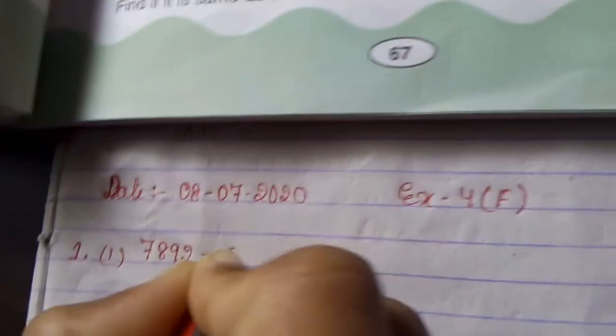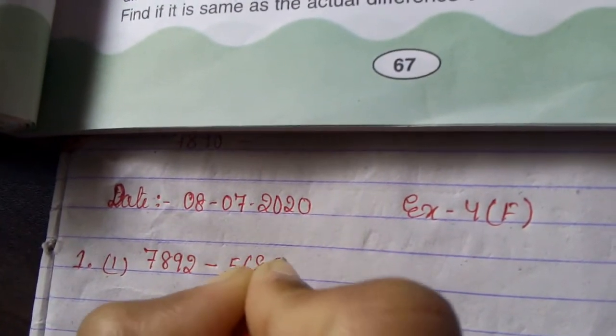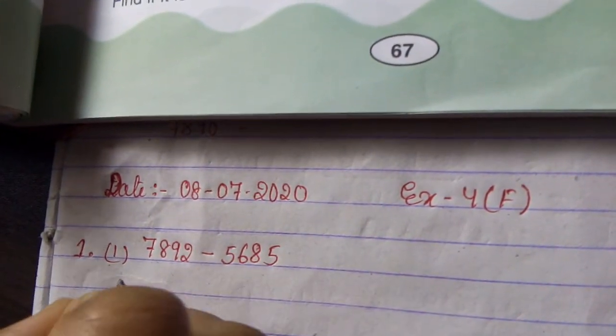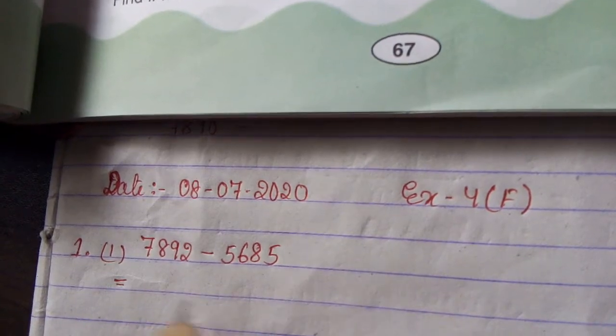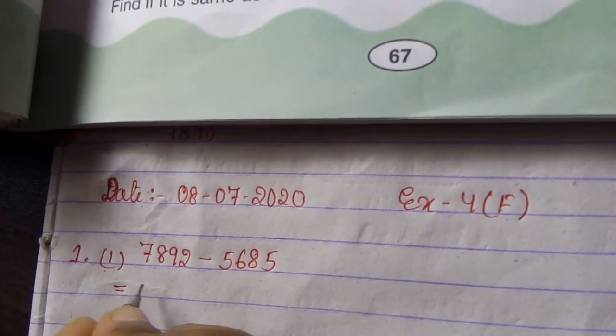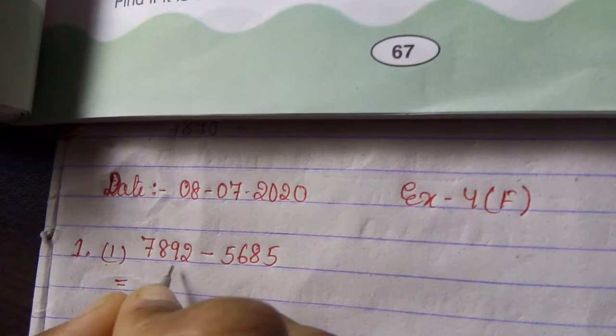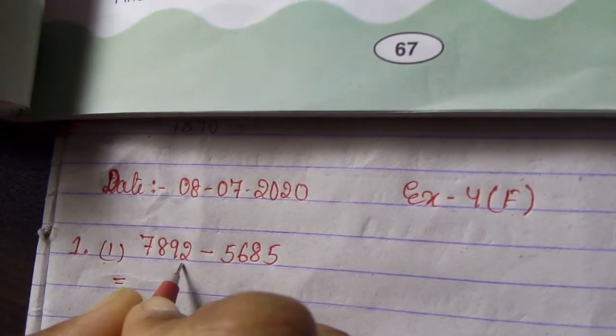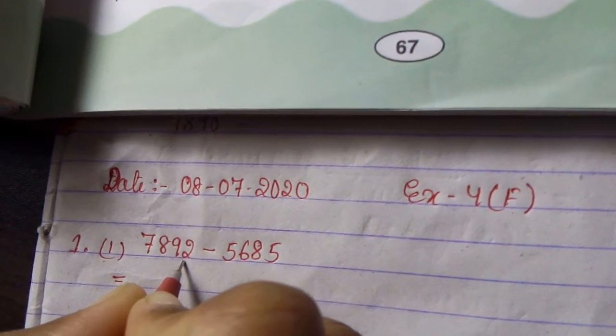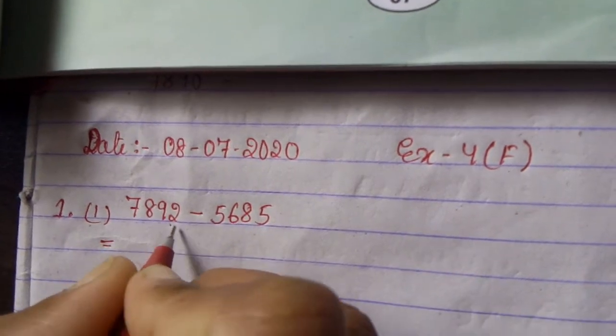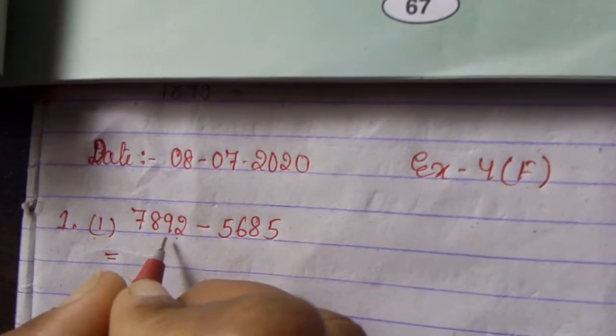7892 minus 5685. Now we have to estimate to nearest 10. So we will see the number at ones place. So here is 2 which is less than 5. So no need to change the number at tens place.